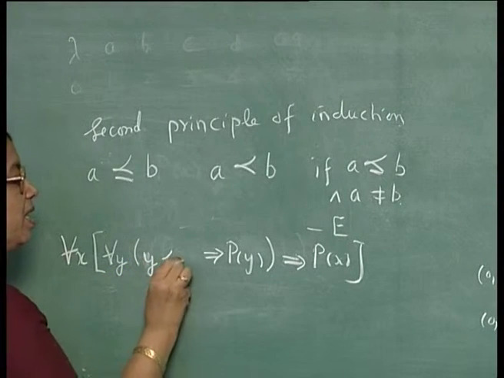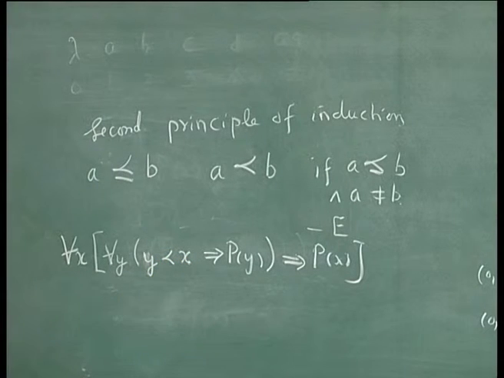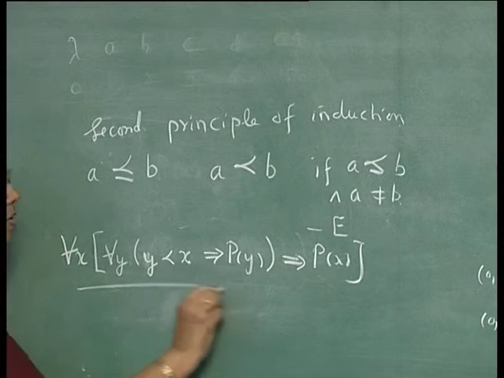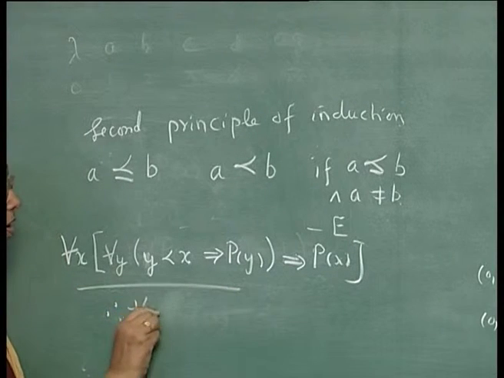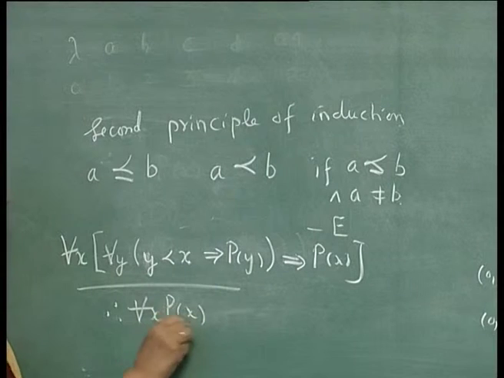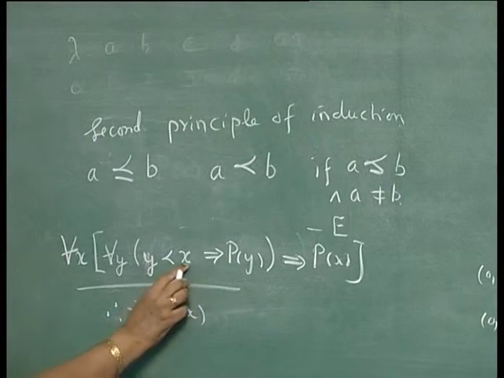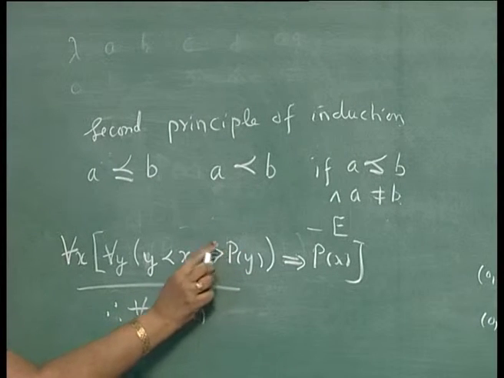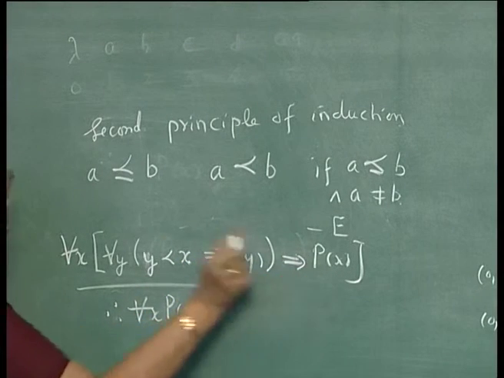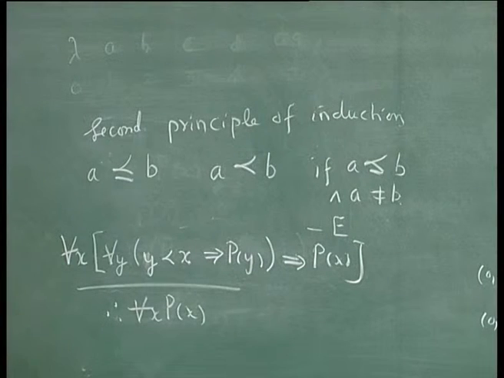From this you can conclude for all x, P(x). What does that mean? If for all elements less than x the property holds, then you can conclude that it will hold for x also. So from this you can conclude that for all x, P(x).